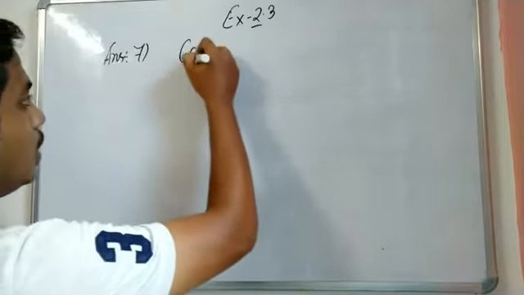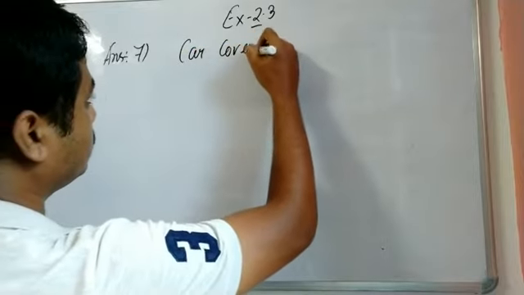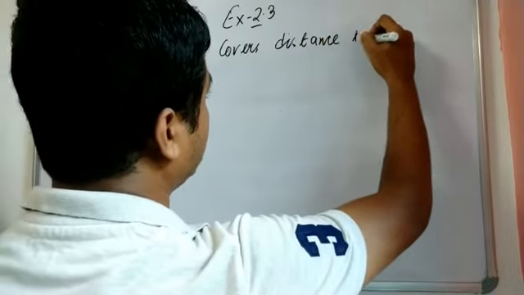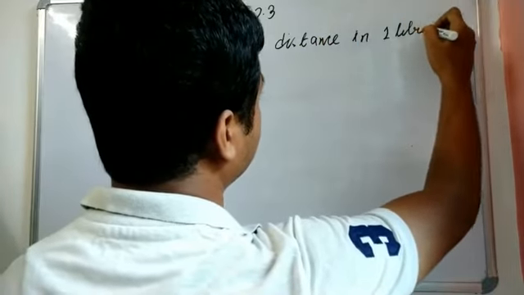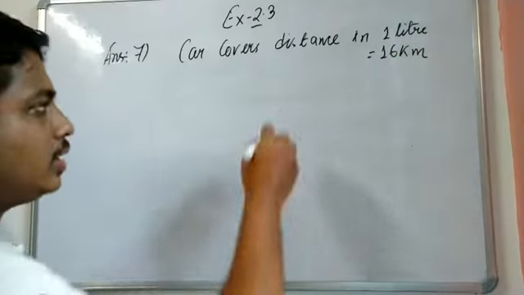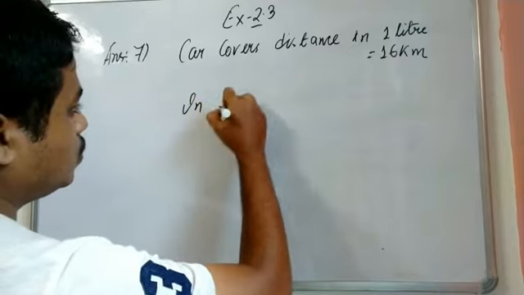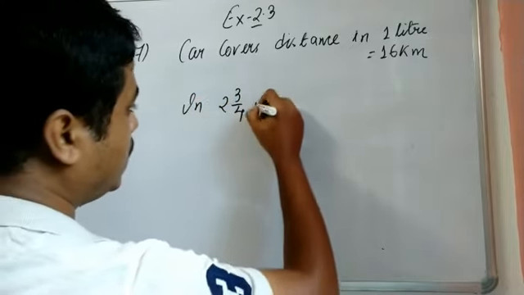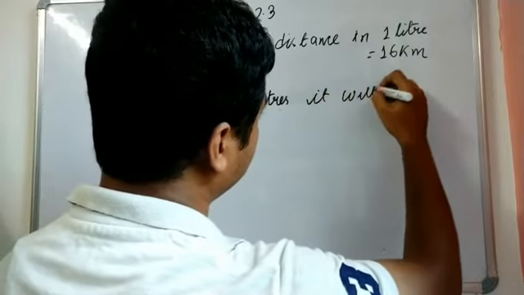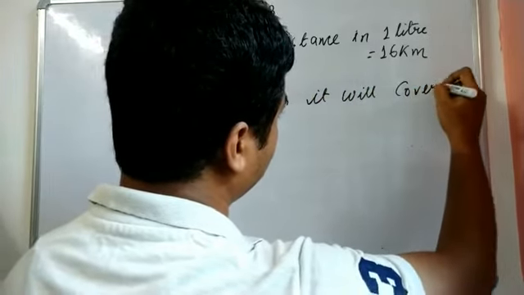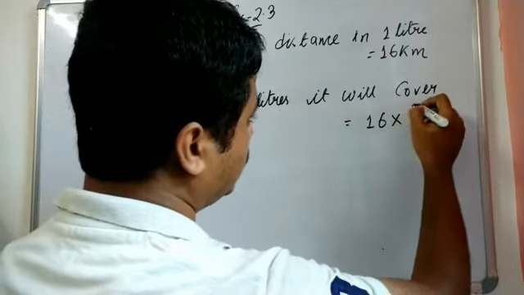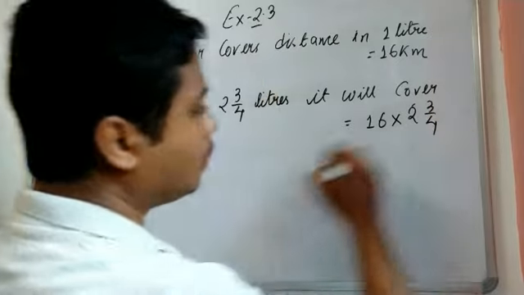So the car covers a distance in 1 liter equal to 16 km. In 2 3 by 4 liters, it will cover 16 into 2 3 by 4.